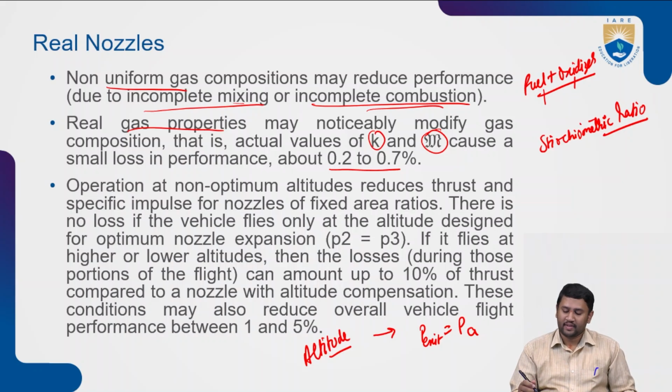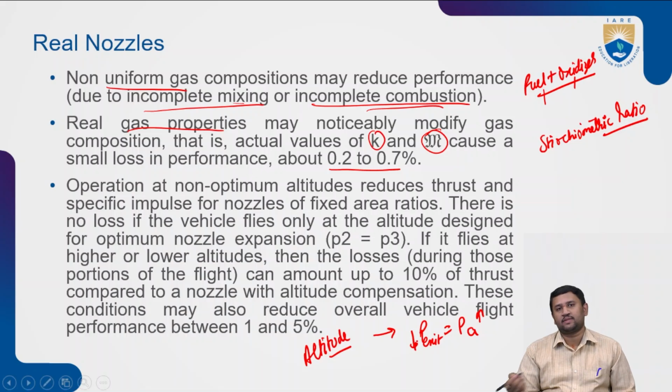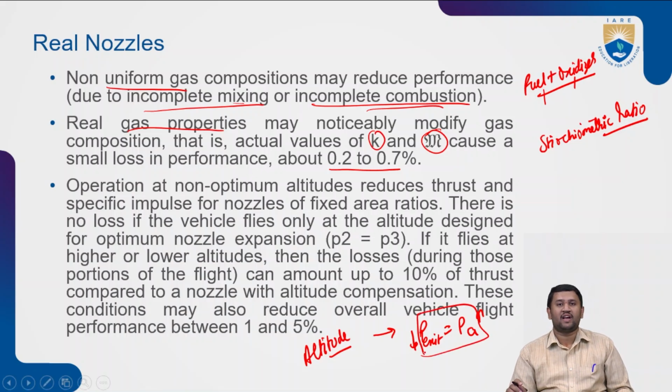As we know, as the altitude of my rocket increases, the atmospheric pressure decreases. So, in order to maintain this optimality, we are supposed to increase my exit pressure. Or in case it's at sea level, as the ambient pressure is more, I am supposed to decrease my exit pressure, in order to maintain pressure equality.